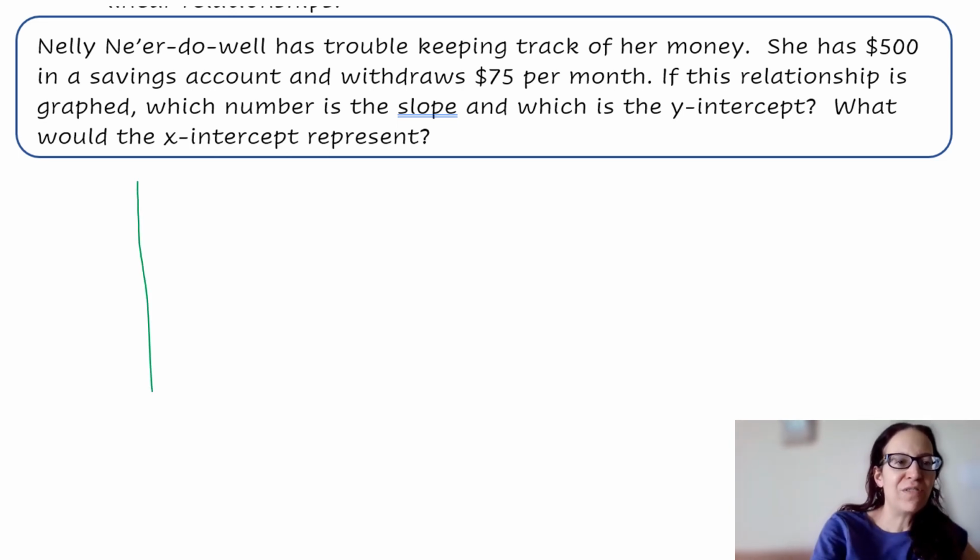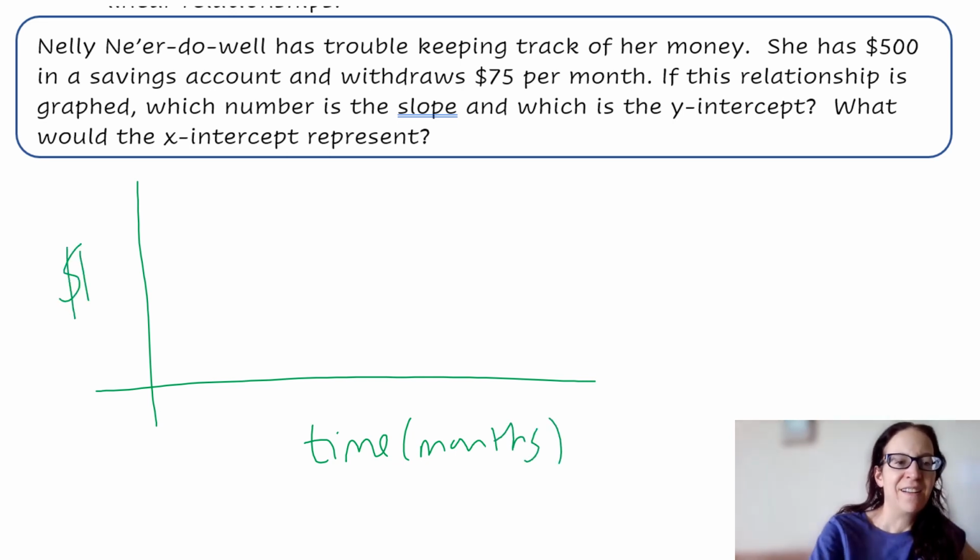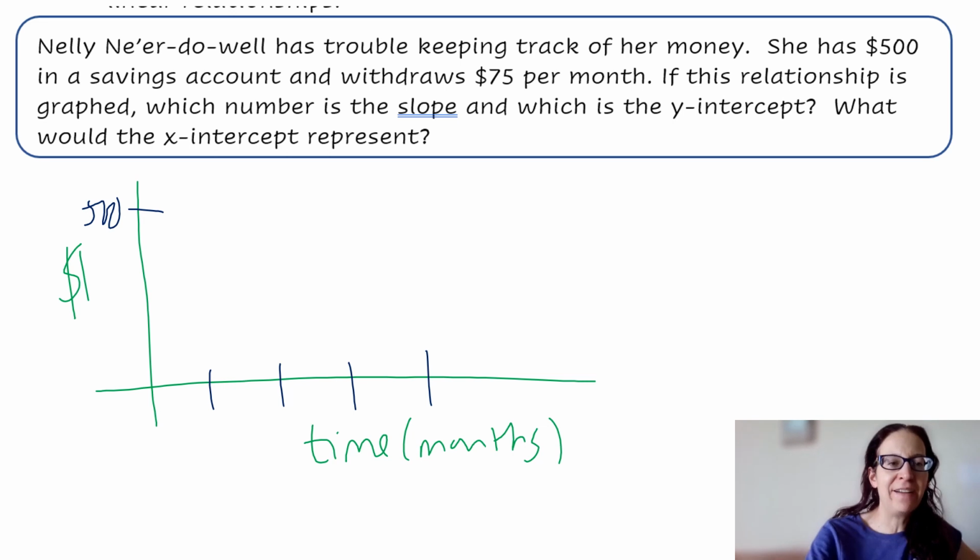And so let's go take a look at that graph. So this would be time in months, and this would be the amount of money that Nellie has. And she starts out with the $500. Okay, so she starts out with $500, and then every month that goes by, she withdraws $75.